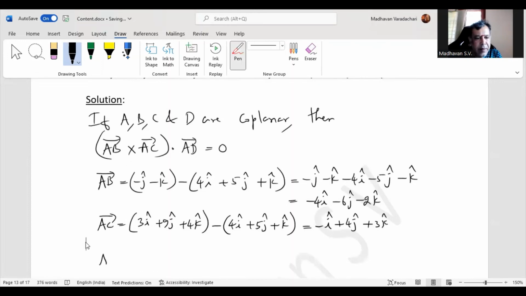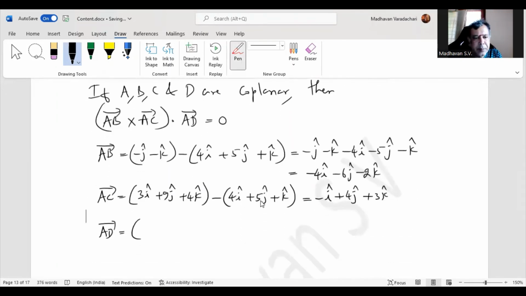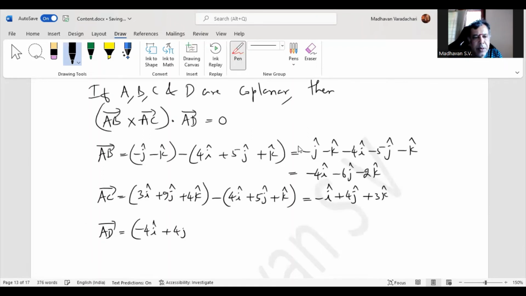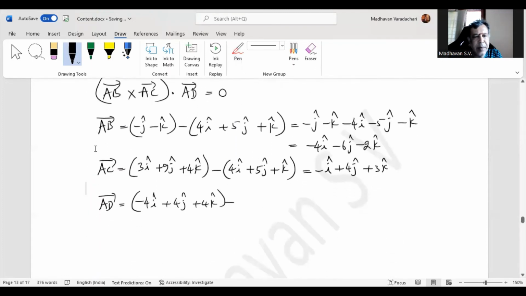Now, AD vector, let us find out. That will be the fourth position vector, which is minus 4 I cap plus 4j plus 4k, minus of the first position vector, which is 4 I cap plus 5j cap plus k cap. Now directly let us subtract. 4 I cap gets cancelled. 4 j cap minus 5 j cap will become minus j cap.